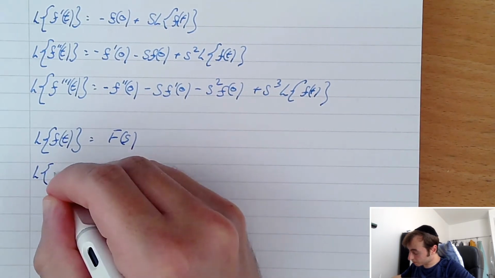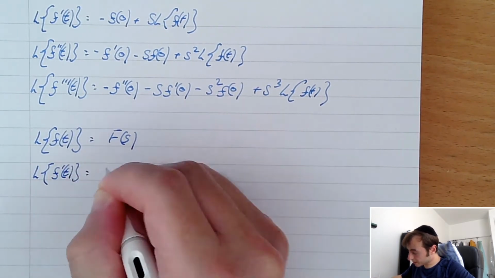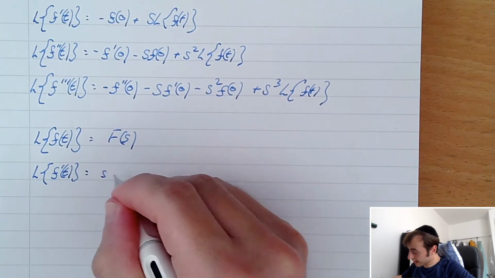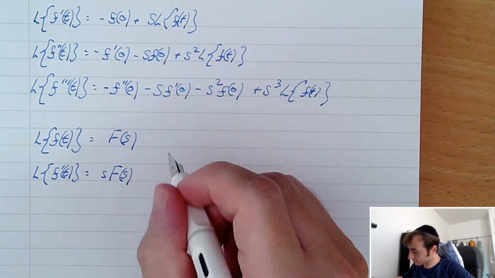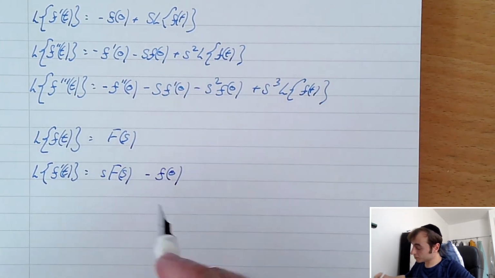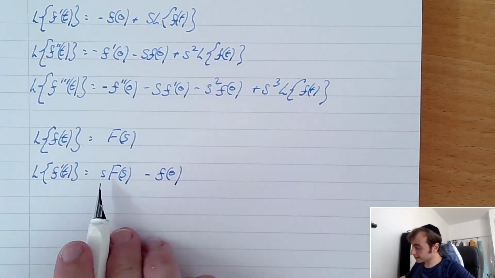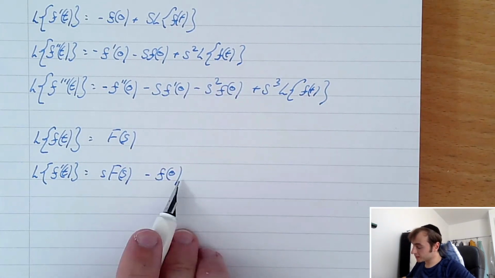And the Laplace transform of f prime t equals s F of s minus f naught. I'm also going to rearrange the order in the descending powers of s.